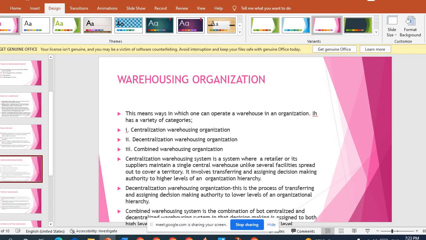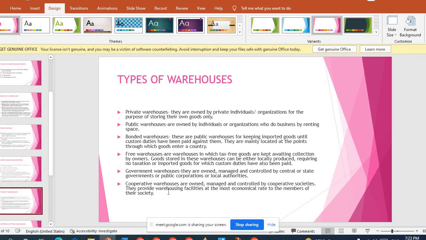Then combined warehousing is the combination of both centralized and decentralized warehousing system, in that decision-making is assigned to both higher levels and lower levels in the organization. Any question or clarification? No question. Okay, thank you.